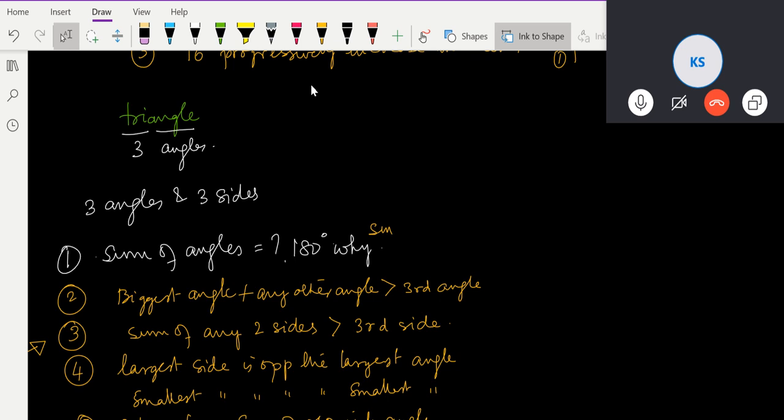So now we got a very important relationship, which is A by sine A is equal to B by sine B is equal to C by sine C. Now, what does this mean for us?